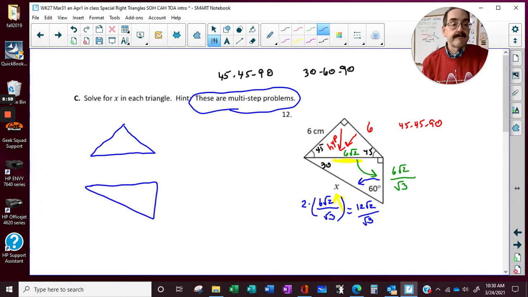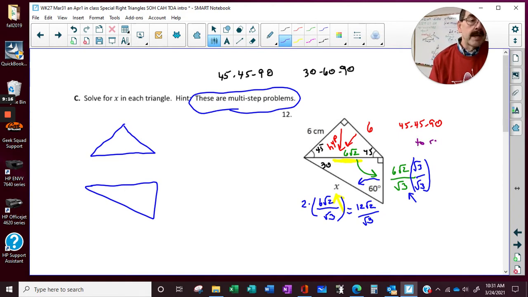All right? Now, off to the side, we don't like this. We like to get rid of that. So I'm going to multiply the top and the bottom by radical 3 over radical 3. This is called to rationalize. Okay? You don't have to do this, but in math, there's kind of an understood rule. We don't like square roots in the basement.